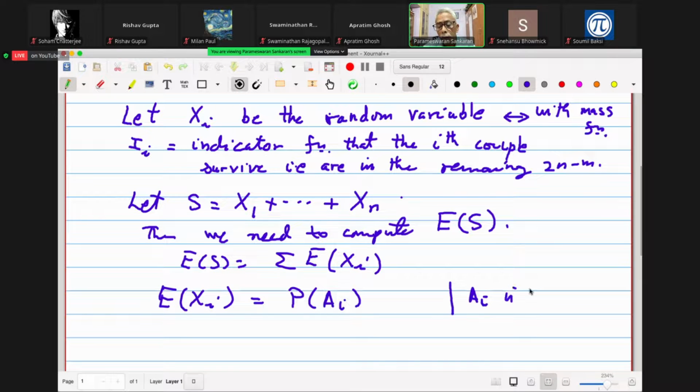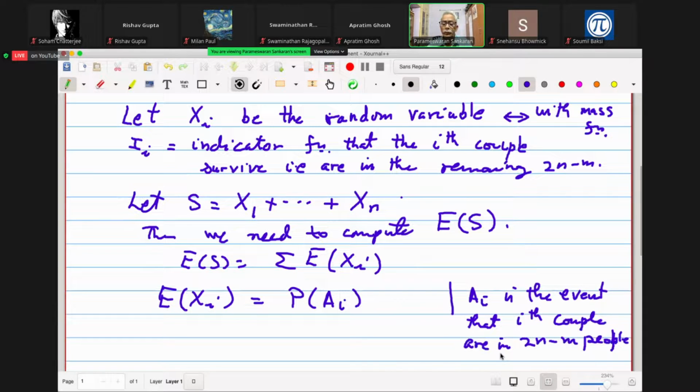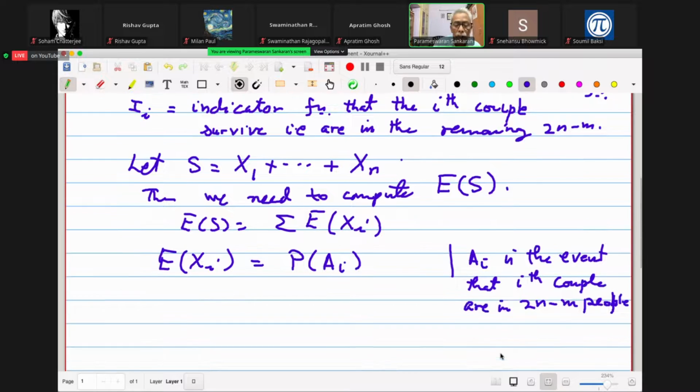Ai is the event that the ith couple are among these 2n minus m people.